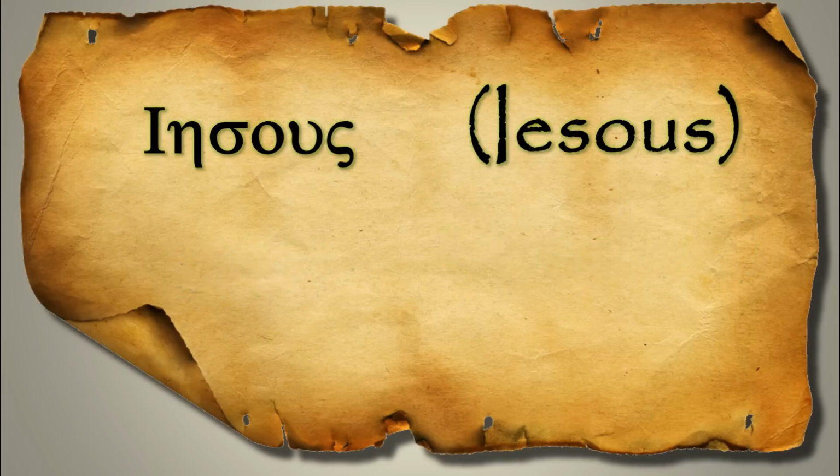When the Greek New Testament was translated into Latin in the 4th century, this name was written as Iesus, an exact match to the Greek that it came from. The Latin letter I split into two letters, the I and the J. Originally, this was to differentiate ways of writing the same letter.